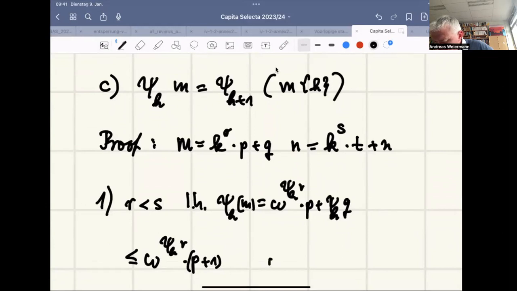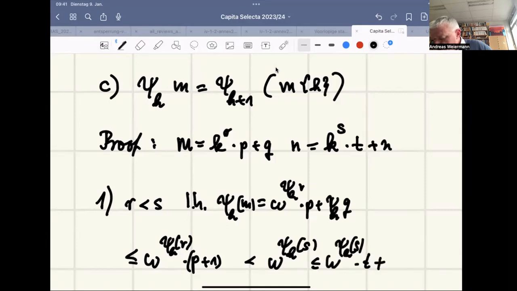And now we use the property that values of the form omega to the ck of s are closed under addition. These are additive principal terms. So ck of r is smaller than ck of s. Then the finite number of summands here is smaller than this thing here. And this is less than or equal to omega to the ck of s times t plus ck of u, which is ck of n.